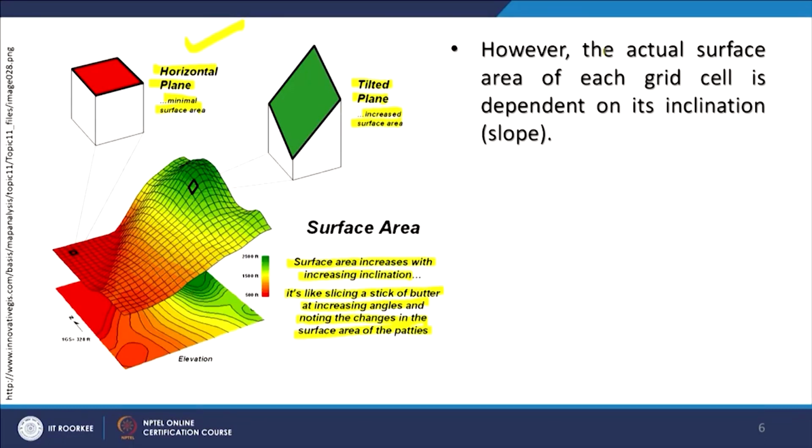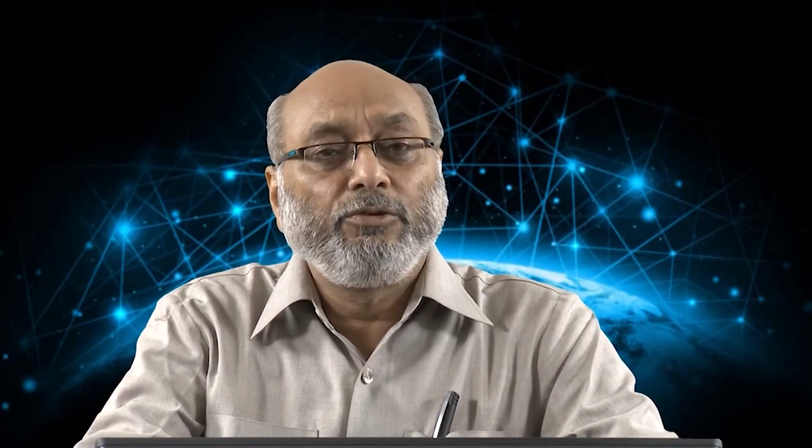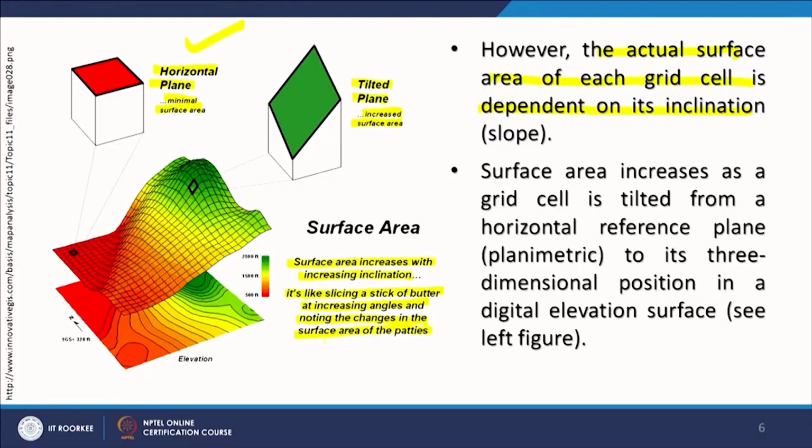So the actual surface area of each grid cell is dependent on its inclination. This we have already discussed: surface area increases as a grid cell is tilted from a horizontal reference plane, that is planimetric, to its three-dimensional position in a digital elevation surface, like here.